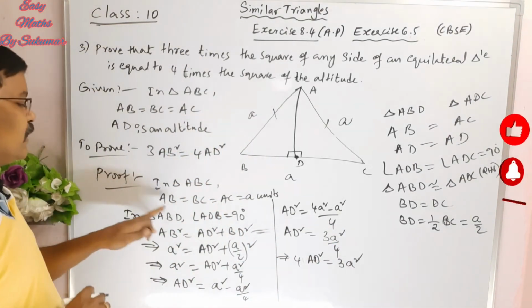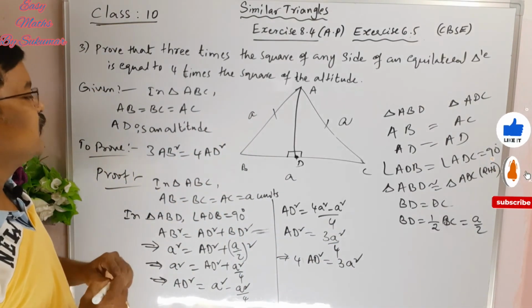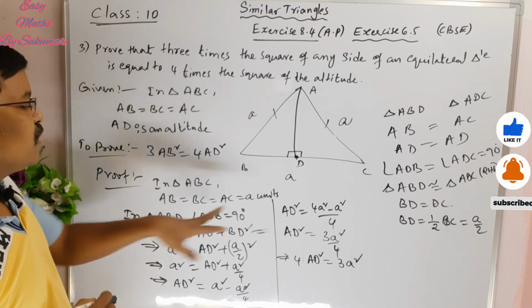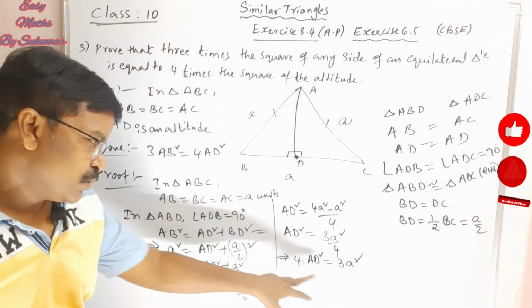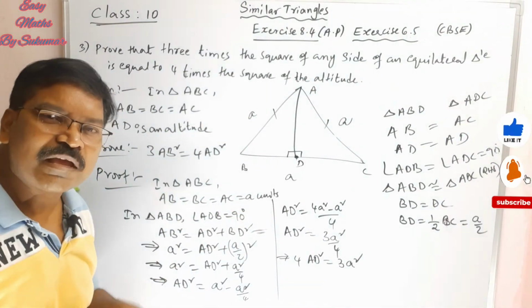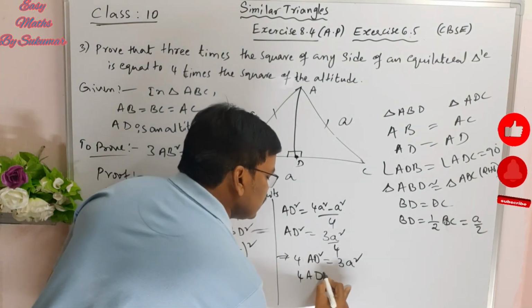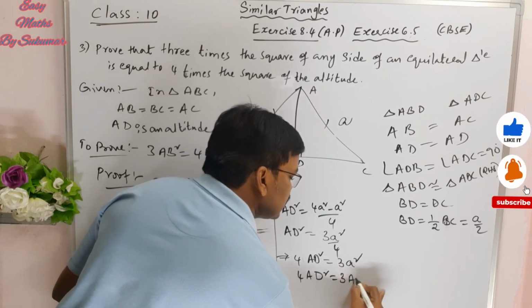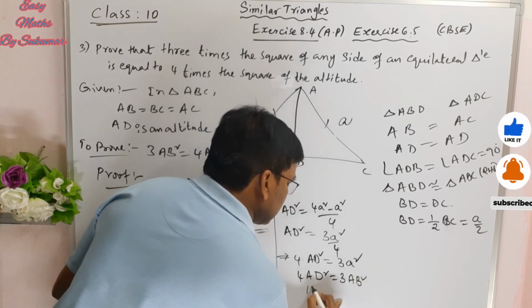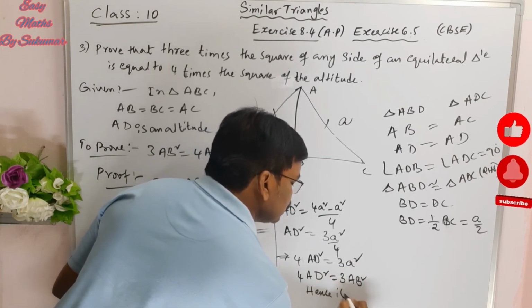Now, in the beginning itself, we have taken that AB, BC and AC are equal to small a units. So instead of small a, I can take AB. That means 4 times AD square is equal to 3 times AB square. Hence it is proved.